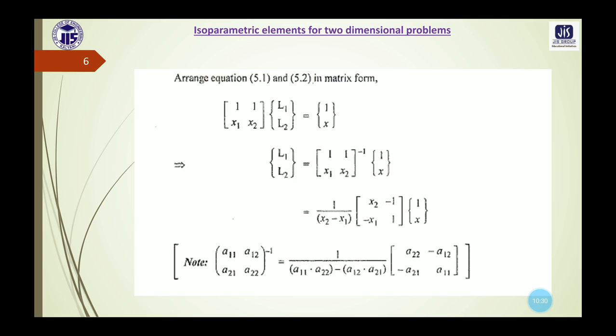If we perform the inverse, we get 1 by x2 minus x1 multiplied by the 2 by 2 matrix x2 minus 1, minus x1 x, multiplied by the column matrix of 1 x. The formula for the matrix inverse is given here, and we are all familiar with this matrix operation, so we can do it here.